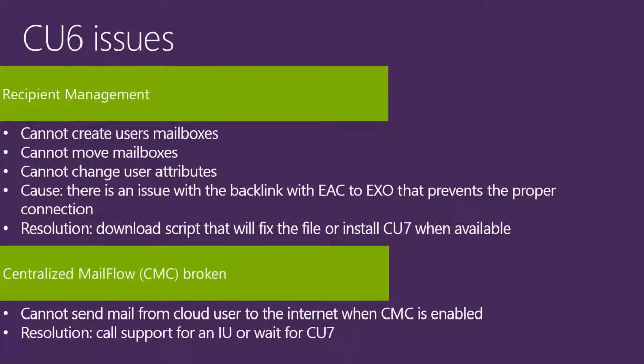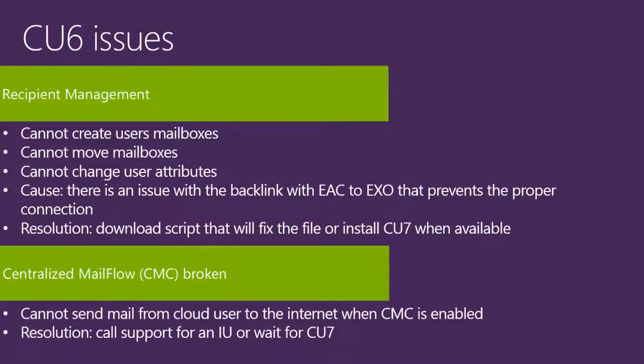Another problem: centralized mail flow is broken. I didn't talk about that in depth earlier, but when you set up a hybrid deployment, you essentially have multiple options regarding your mail flow. One of these options is what they call centralized mail flow, where all the mail is routed through your on-premises environment, both inbound and outbound.